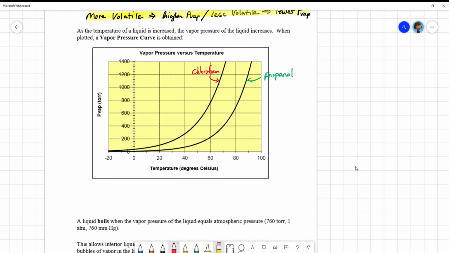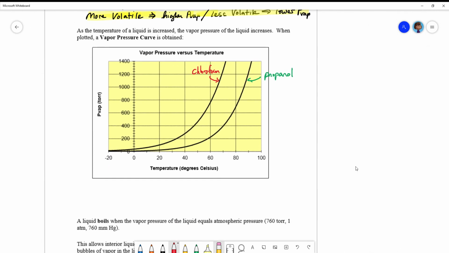Now, it turns out we can get some important information by looking at vapor pressure curves. For example, one of the things we could figure out from these two curves is which of these two liquids is more volatile.